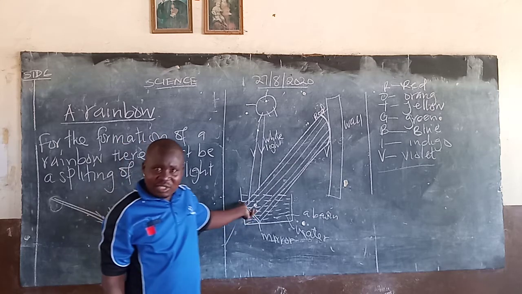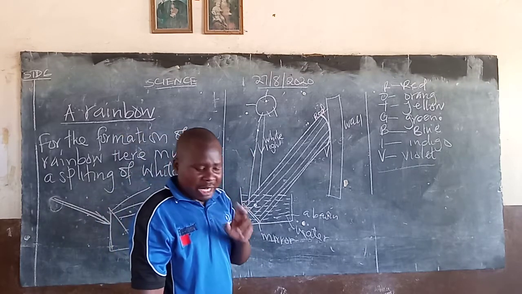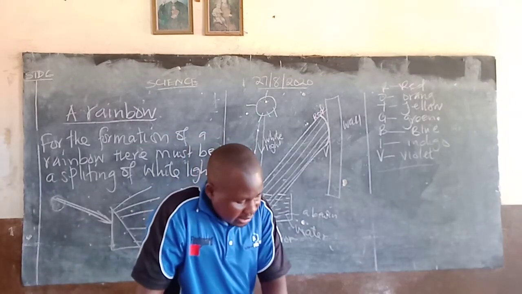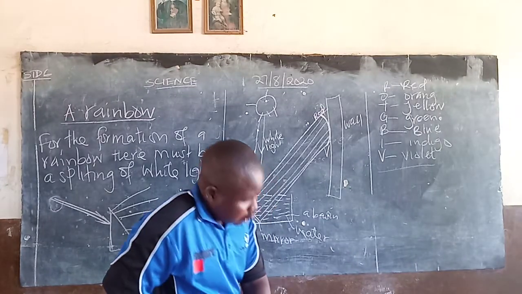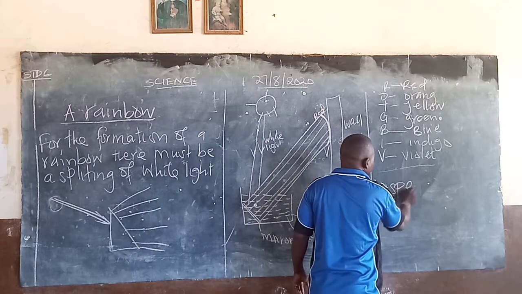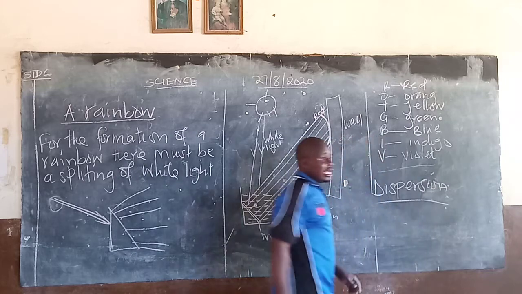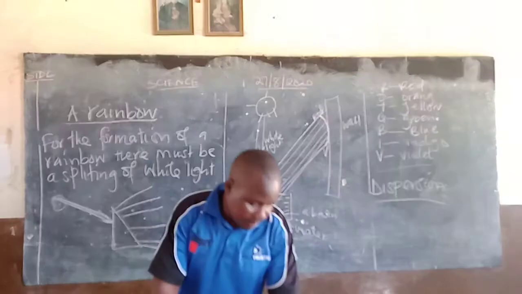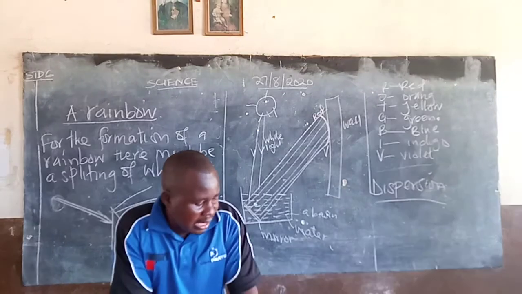Now the splitting of white light is called dispersion. Dispersion is the splitting of white light to form a band of colors.